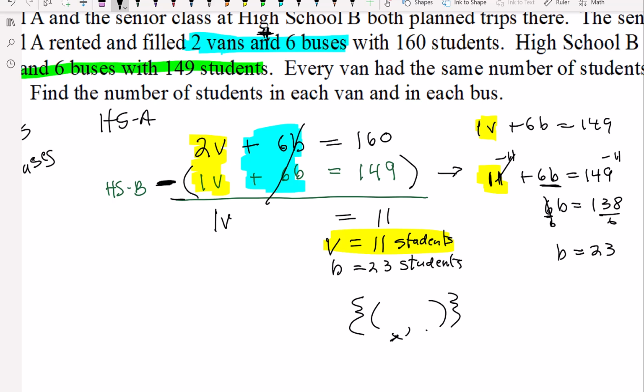Instead of this being X and Y, usually I like to do it alphabetically, but this time whatever we read first typically represents the X, this represents the Y. So 11, 23. And then because there's one solution, it's a consistent system and it's independent. Those two lines are independent of each other. All right, that's it for this one.